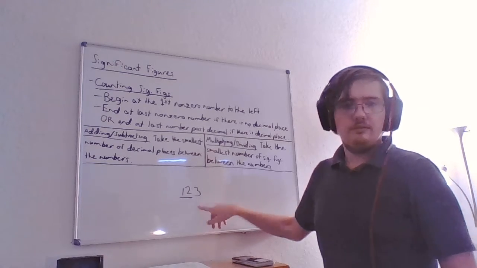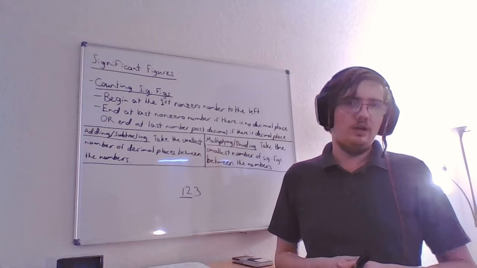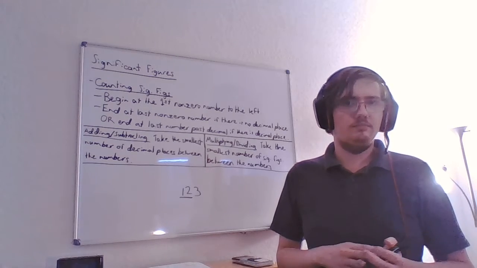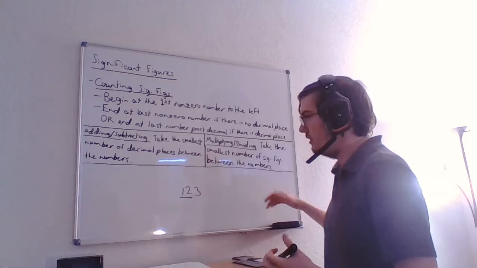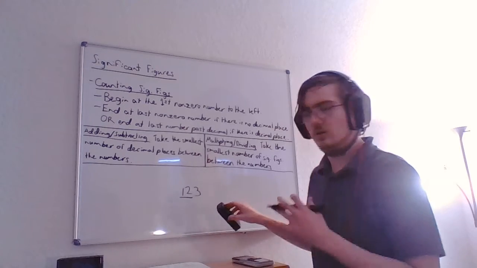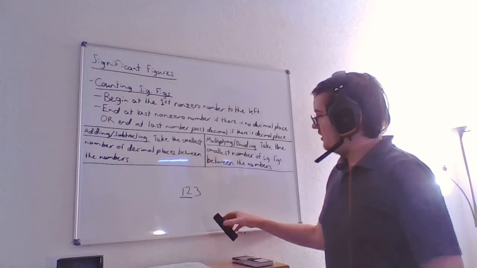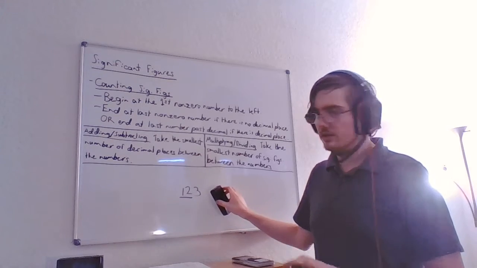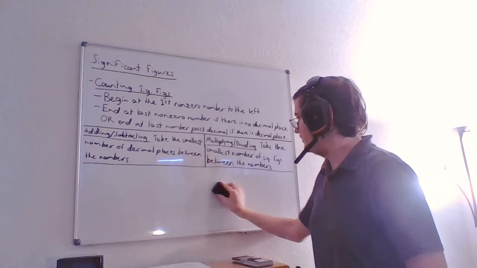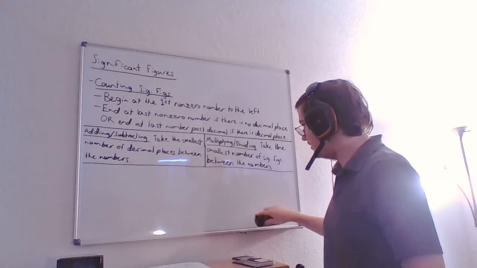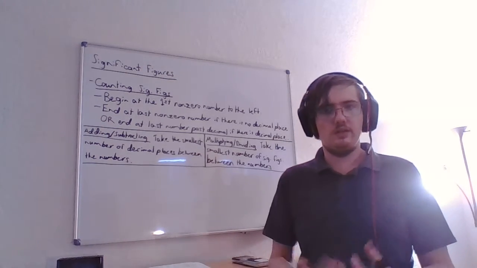Then the 3, we don't know if that's close or not because that's not a significant digit. So, the further to the right you go, the less confident you are that you're correct with your numbers, but we're still pretty confident that 2 is correct. So that's basically the gist of significant digits, an explanation of what they are.